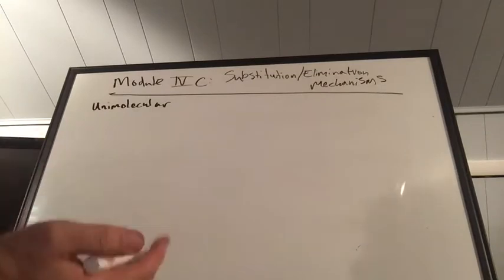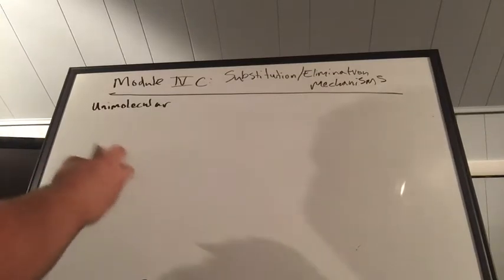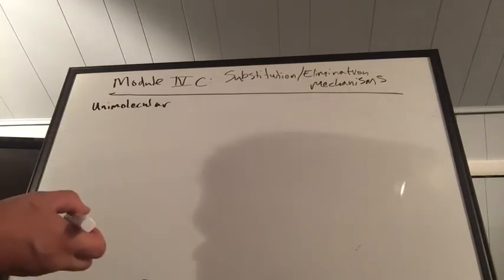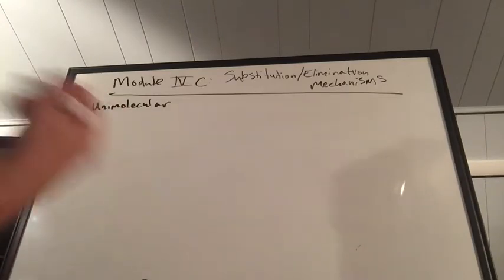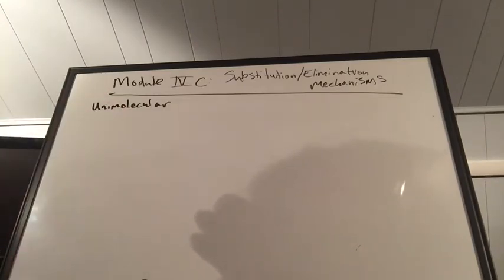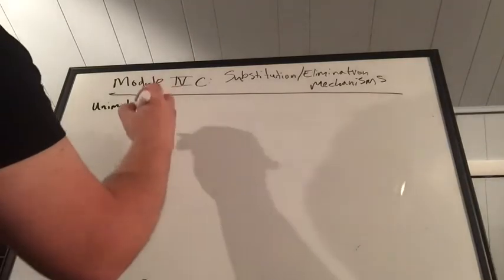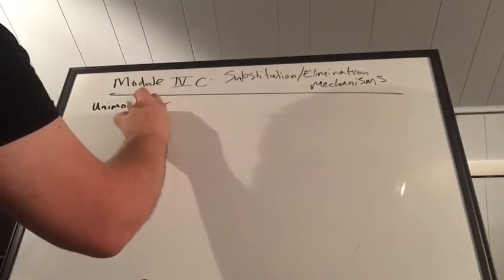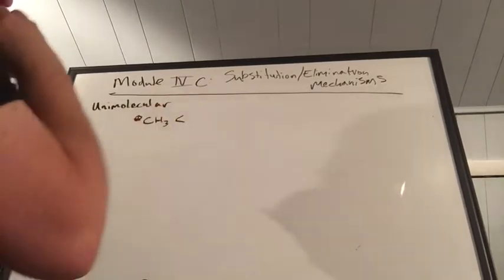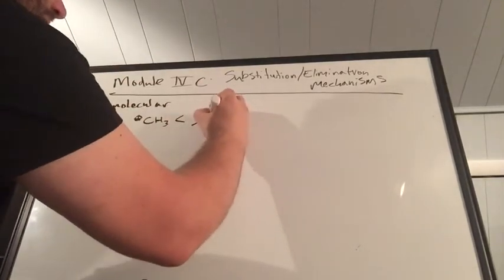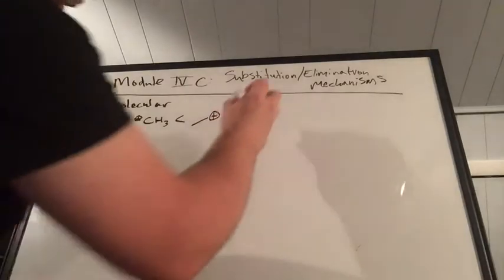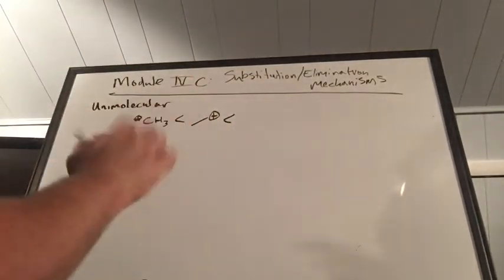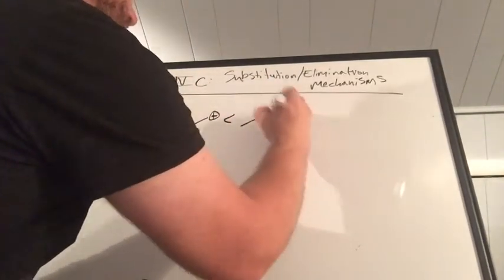Okay, so if you recall your carbocation stability and how there can be some rearrangement. So we have CH3, it's going to be least stable, followed by, let's say, primary and secondary. Now I'm going to do line drawings, guys. I have to kind of keep it straight to the point here.